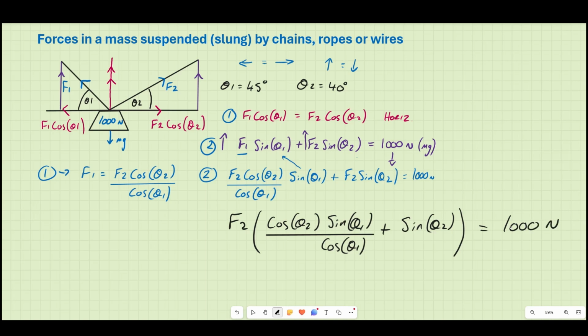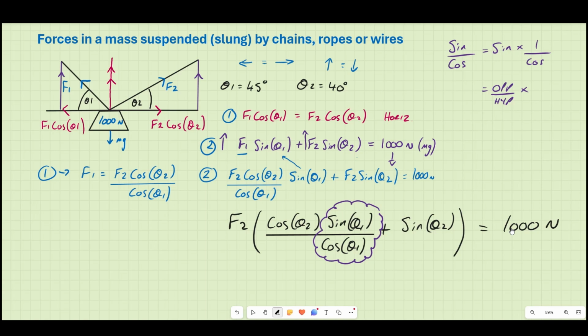It is equal to 1,000 newtons. But at this point, there's a way we can simplify, because here we've got sine theta 1 over cosine of theta 1. If I do it up on the top right here, sine over cosine is the same as sine multiplied by 1 over cosine. Sine is opposite over hypotenuse, and cosine is adjacent over hypotenuse.